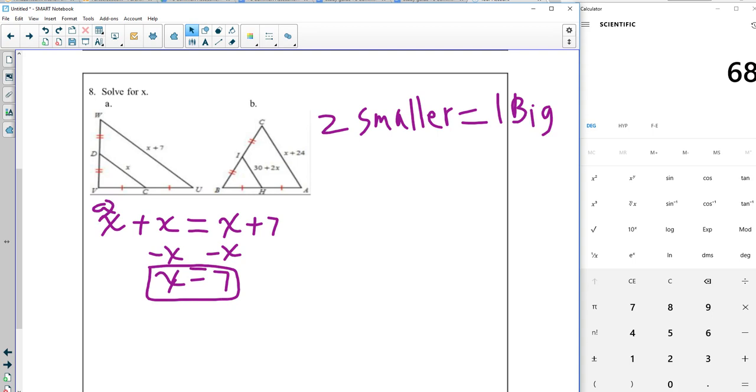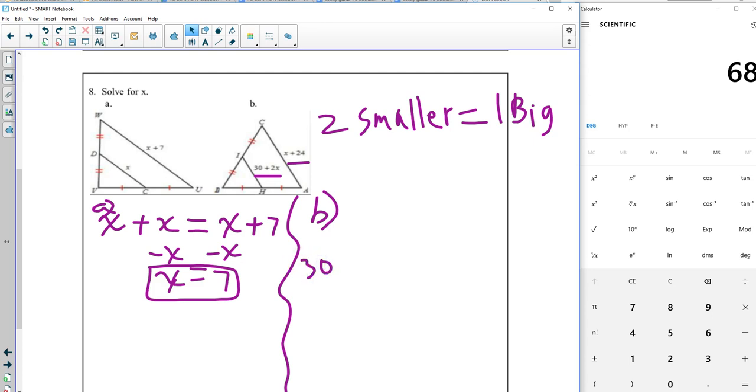For B, it's a little more complex, but it's still the same thing. For B, you need 2 of the smaller ones to equal one of the big ones. You can double it and distribute if you have to, but I'm gonna just do it separately.